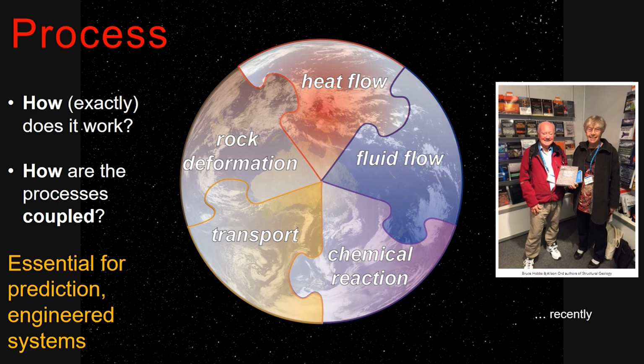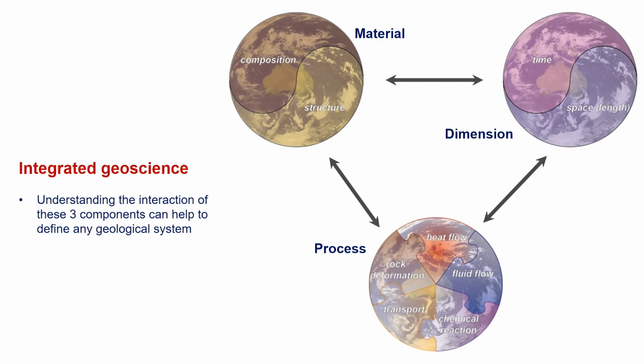And this is something that happened quite recently in earth sciences, when earth sciences moved from being descriptive into becoming predictive. And in fact, Australian scientists, for instance, Bruce Hobbs and Alison Ord as an example here, have made a massive contribution to that. To understand any geological system and to define it, we have to understand the interaction between material, dimension, and process.